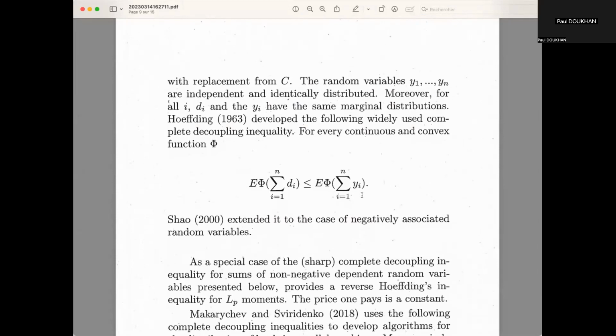So you have dependent variables compared to a sum of independent variables. That's the message here. And this is the inequality that Hoeffding proved. There is also an inequality of this exact type by Shao, extending things to negatively associated variables. This was done in 2000.